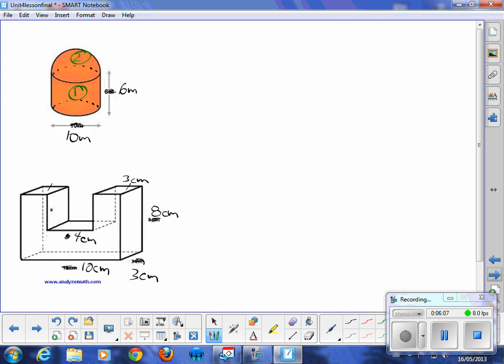So let's figure out the volume of a cylinder first. Volume of a cylinder, pi times r squared times h. 3.14 times, what is this measurement here? The 10. The 10 extends from this side to this side. So this is in fact our diameter, which would mean our radius is half of that, so it's 5 meters.